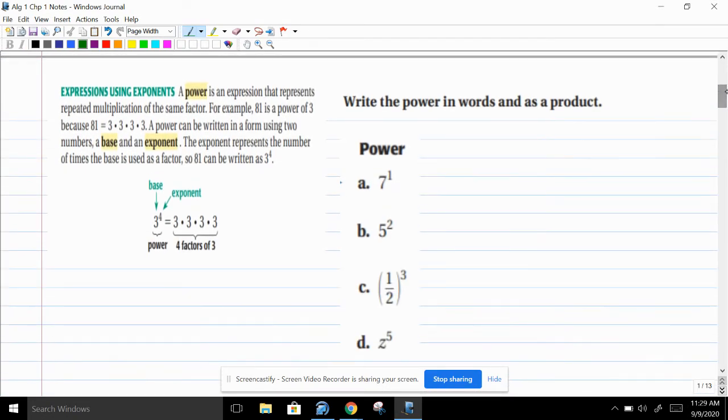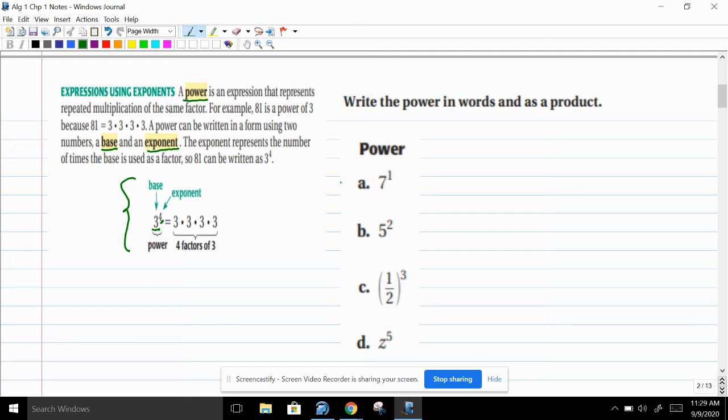Moving right along here. Exponents, some exponent work here. Expressions using exponents. We have 3 main definitions here, guys. You have a power, a base, and an exponent. It's all explained right here. The base is the big number. So in this expression that we're working with here, the base is this 3 right here. The exponent is the little number, which is a 4.